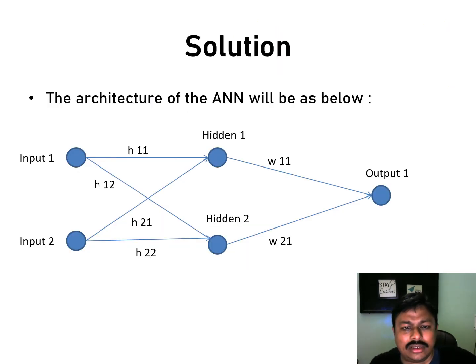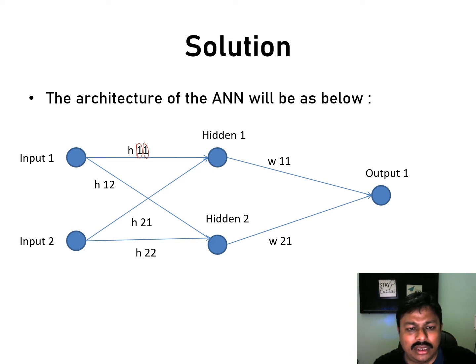Here is a schematic diagram of the problem that I have already discussed. Now for the nomenclature, this is a nomenclature that we may follow, not mandatory. This first index is indicating input 1, and the second one is indicating hidden node 1.